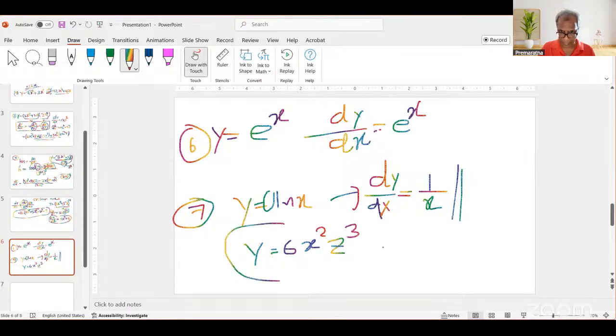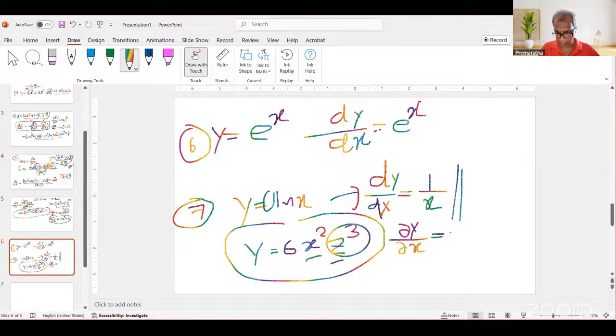When you differentiate with respect to x and z, that's what we call partial differentiation. For that, we use the symbol partial y over partial x. When you differentiate with respect to x, we consider the other part as remaining constant.